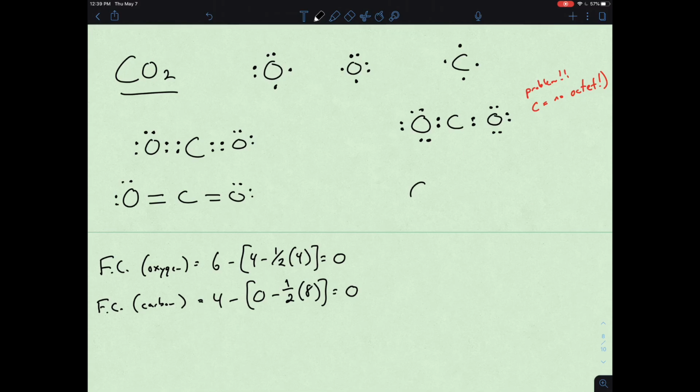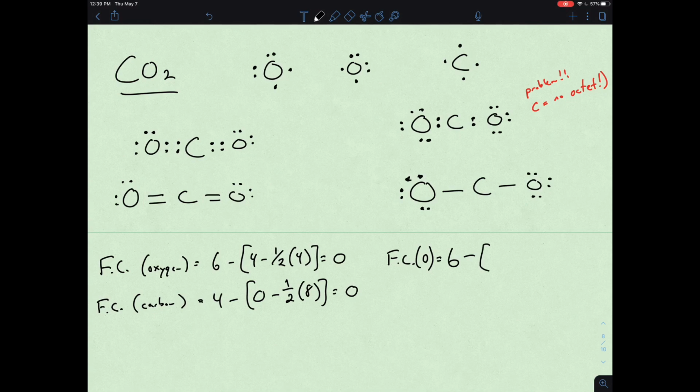If you were to draw it according to now showing the bonds, we would end up with something that looks like this. If I calculate the same idea of formal charge for my oxygen, we find that each oxygen is actually going to have a -1 charge.